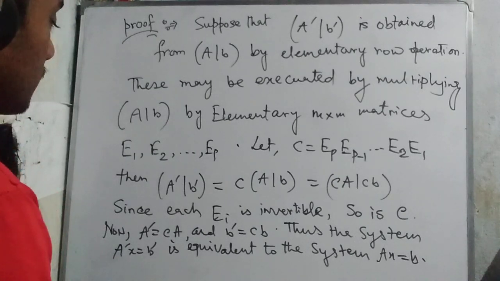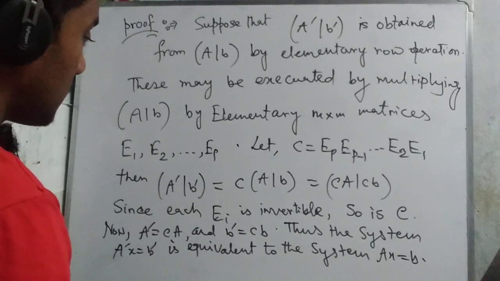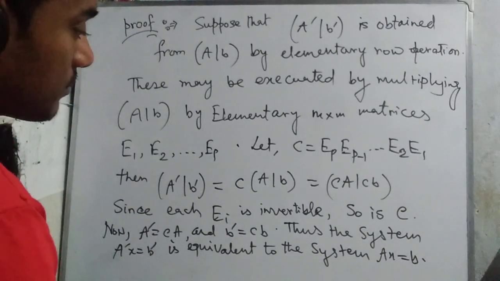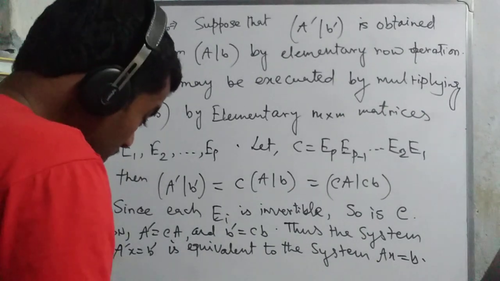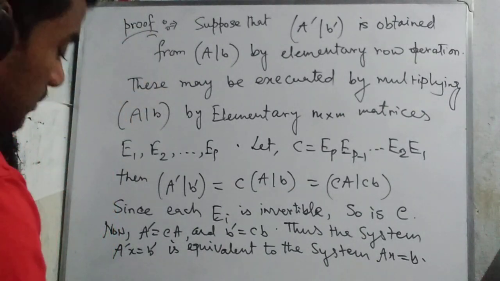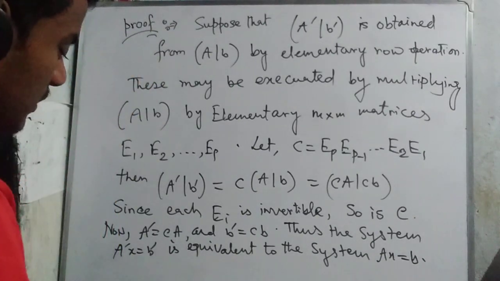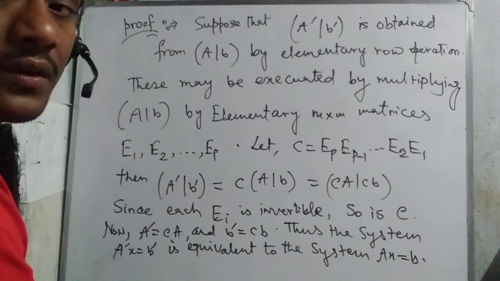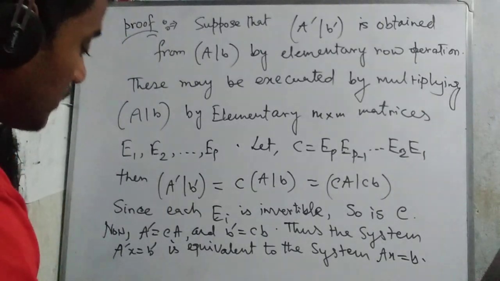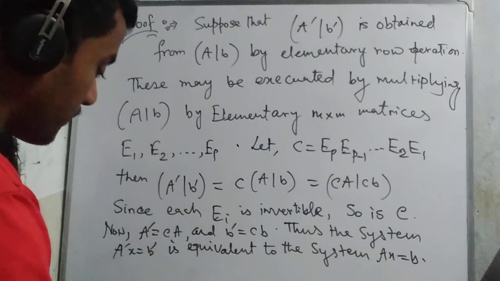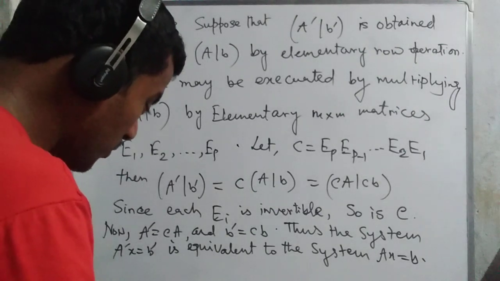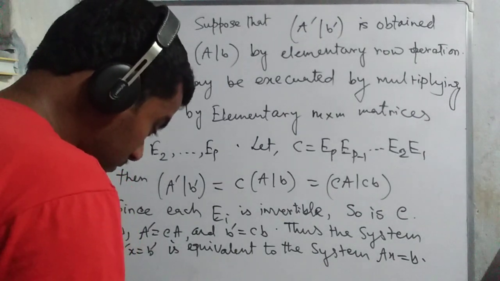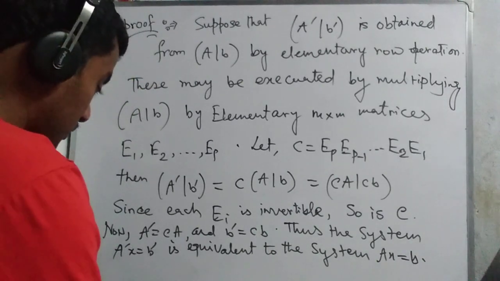Then A dash equal to CA and B dash equal to CB. Thus the system A dash X equal to B dash is equivalent to the system AX equal to B. So this is an application of the theorem we stated and proved earlier, in the above theorem.